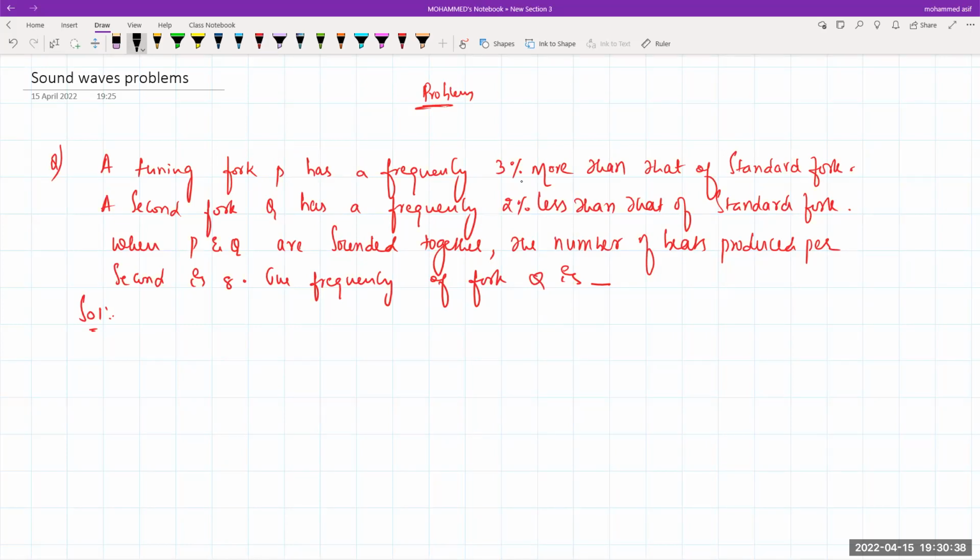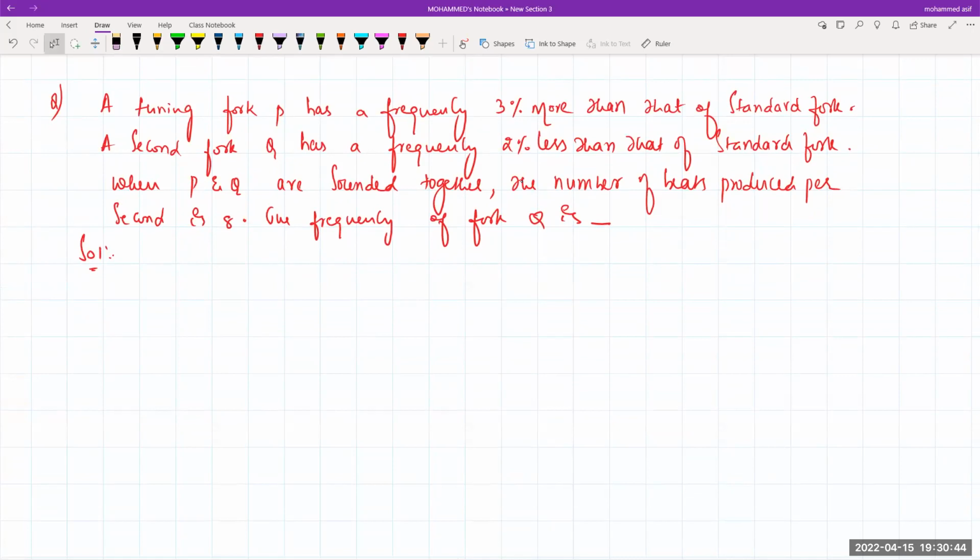Can anyone tell me? Anyone better? I don't know what a standard fork is now.